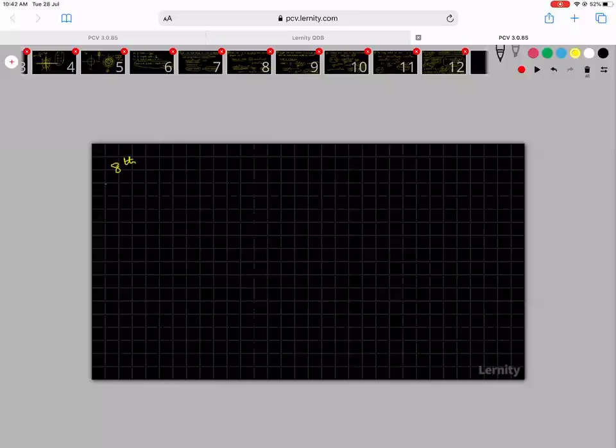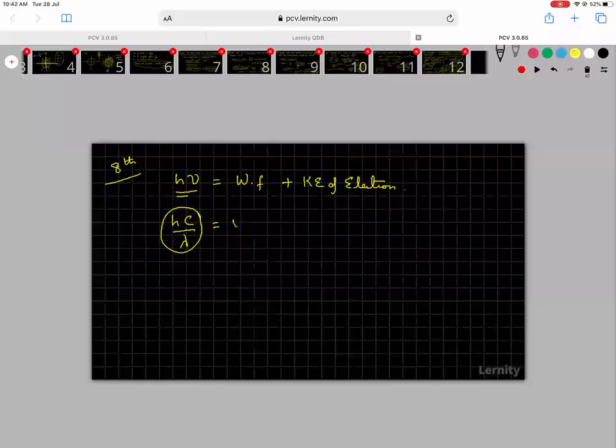Eighth question. h nu, the energy of the photon, is equal to work function plus kinetic energy of electron. Now radiation is given to you, so hc by lambda is given to you. This is equal to work function plus kinetic energy of electron. Kinetic energy of 1 mole of electron is given to you.